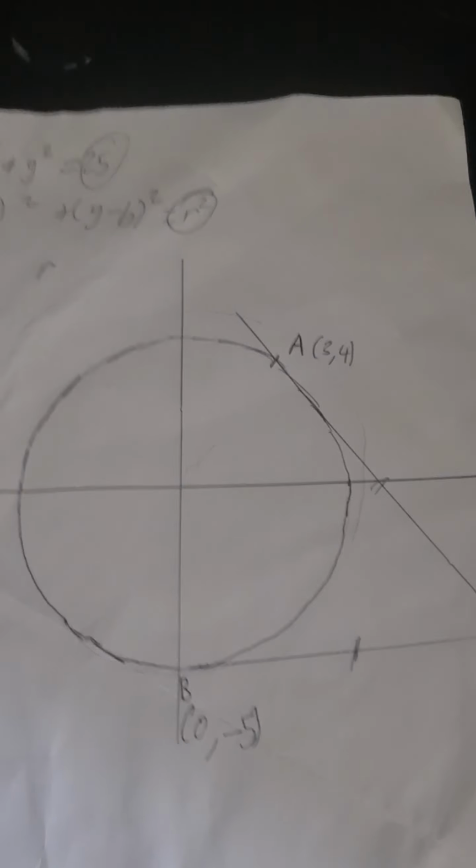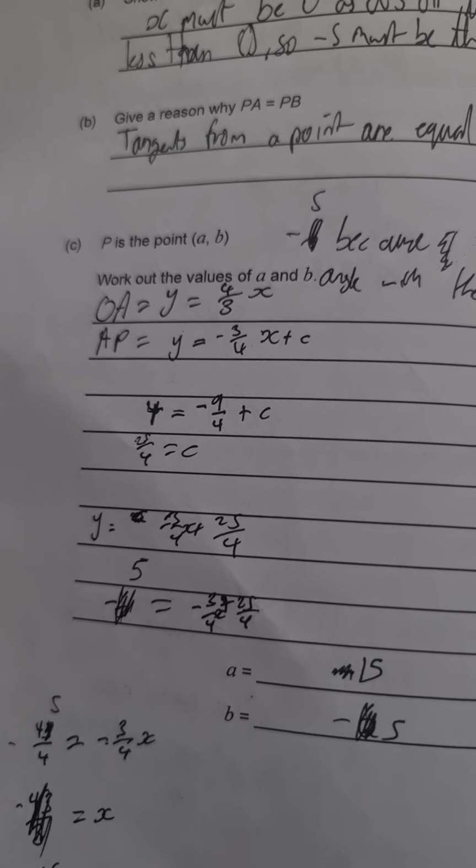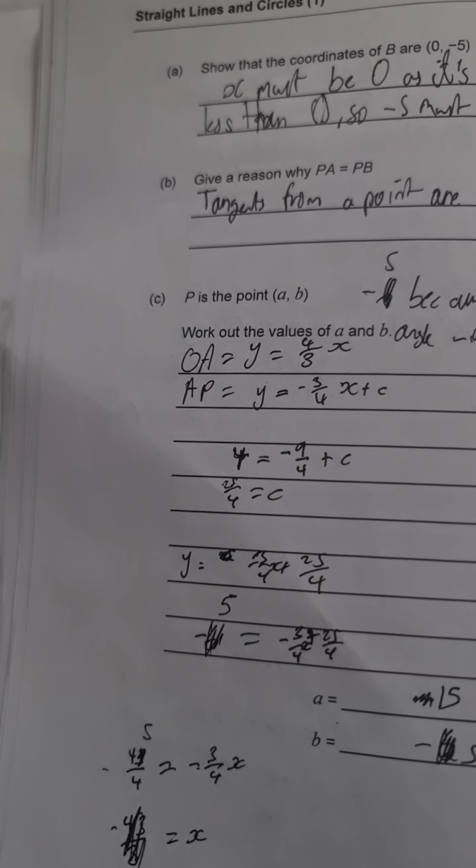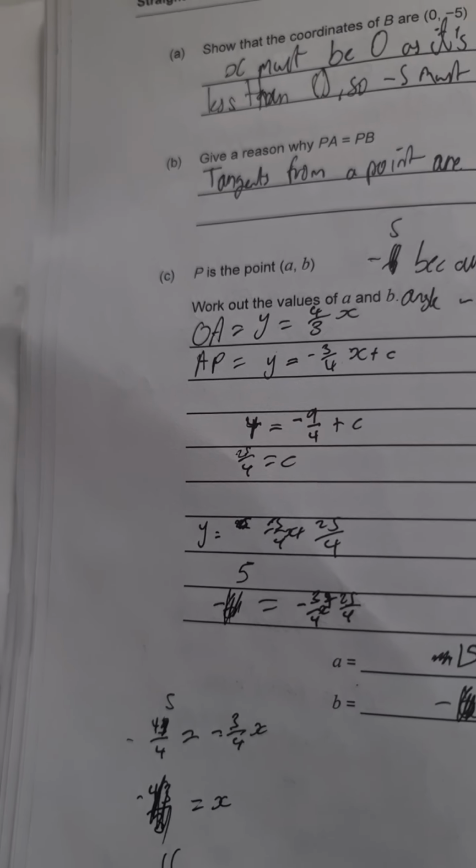One circle theorem says that two tangents that hit the same point, P here, are the same length. That means AP is going to be the same as BP, and that is the reason for part B of this question.